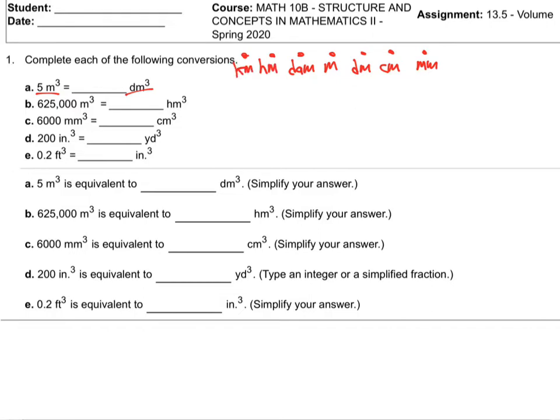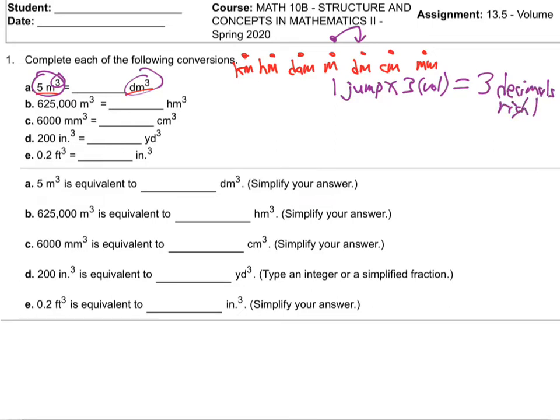Okay, so we're going from cubic meters to cubic decimeters. So we're starting here and going 1 jump to the right. But then these are third power units, so 1 jump times 3 for volume, triple units, is 3 decimals. So I'm going to move 3 decimals to the right, aren't I? Because that jump went to the right.